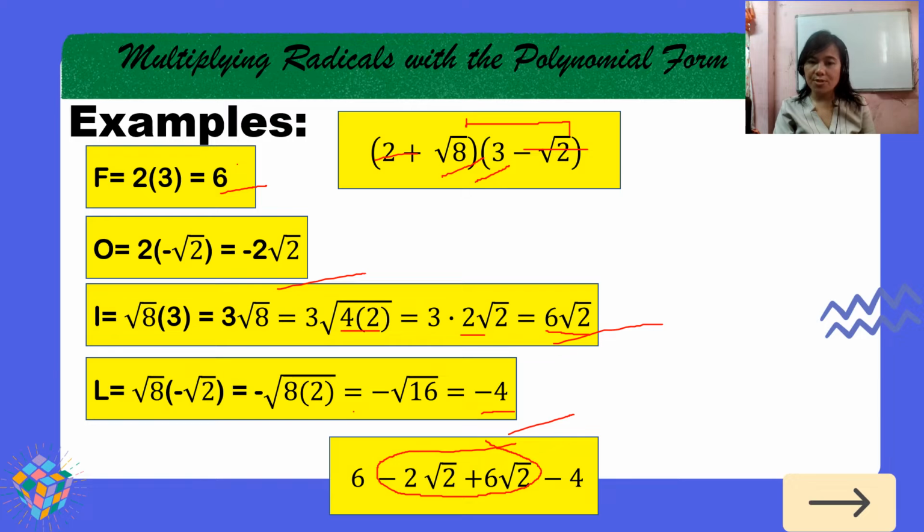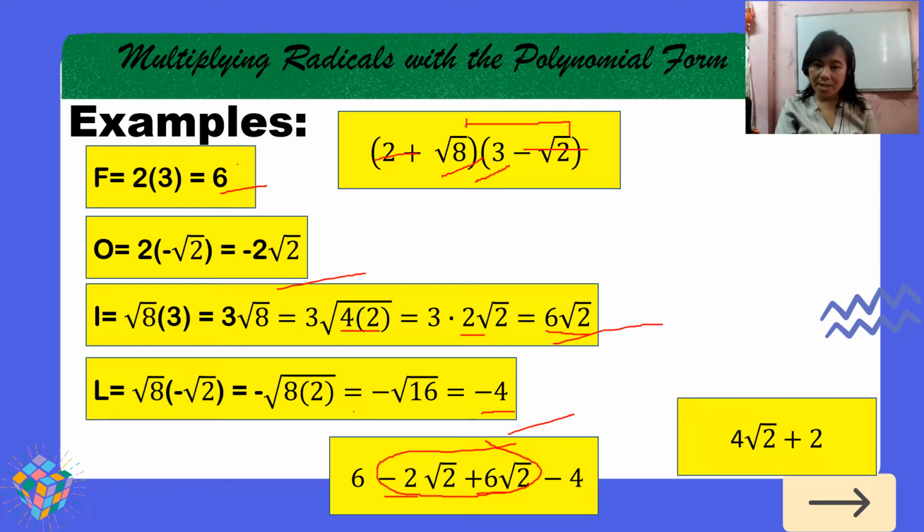So, pwede na itong i-combine si negative 2 tsaka si 6, yung outside. So, negative 2 plus 6 is positive 4. So, yung pinakasagot na natin ngayon will be, eto nga pala yung dito, 6 minus 4, pwede pa din. So, 6 minus 4 is actually 2. So, ngayon, yung sagot natin from here, negative 2 plus 6. So, 4 square root of 2 tapos plus 2. Yan.